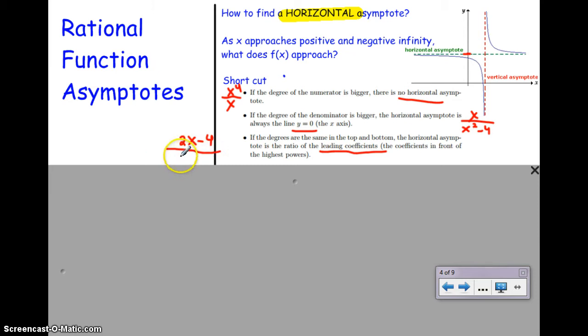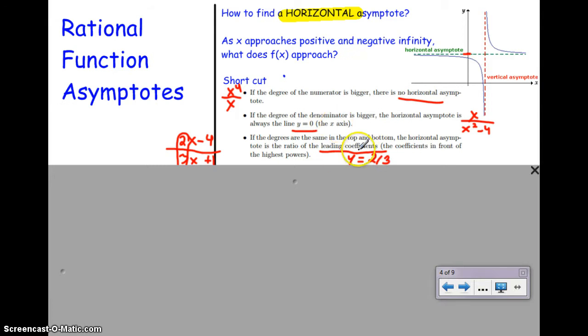So let me do 3x plus 1. My horizontal asymptote, because the degrees are the same, they're both x's, not x squared and x, is just this ratio, this fraction right here, 2/3. So I will get an answer of y, because it's horizontal, is equal to 2/3. That is my horizontal asymptote.